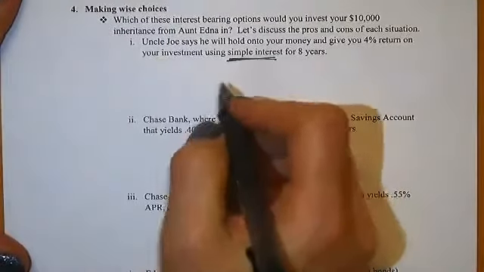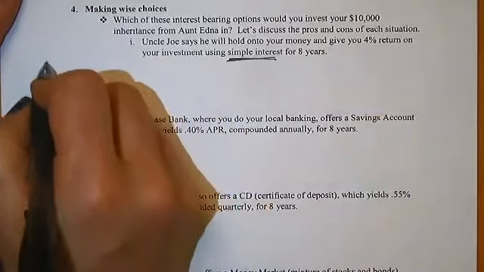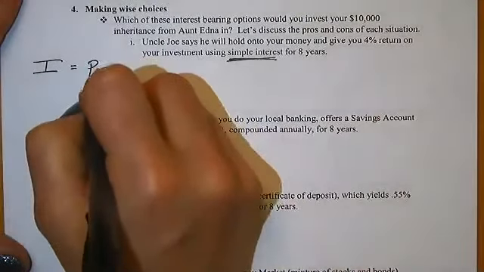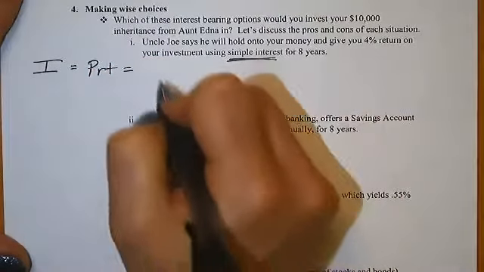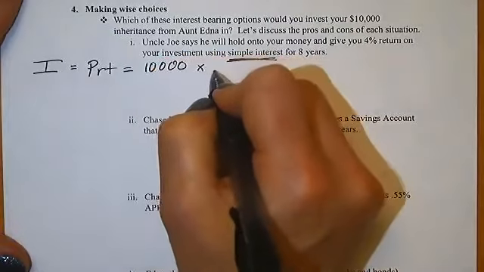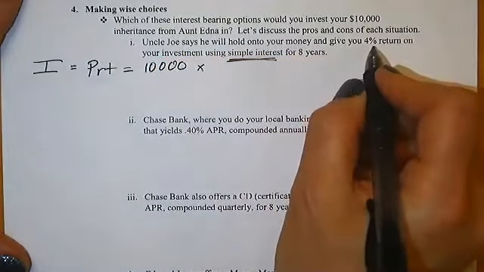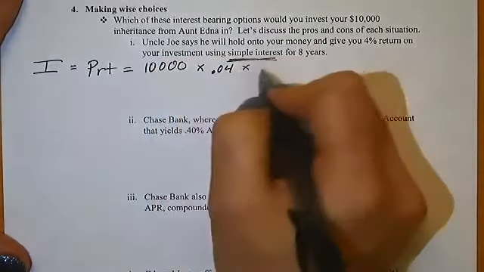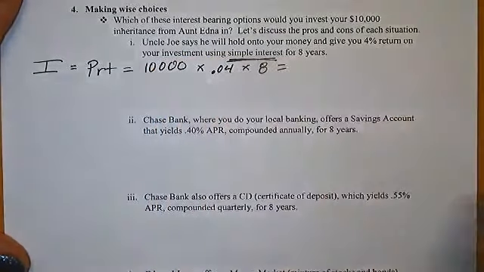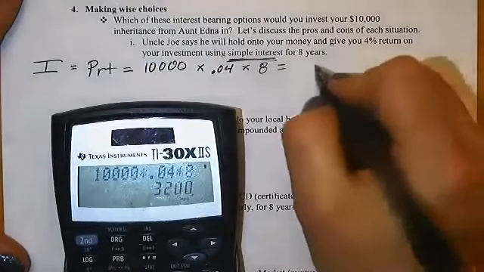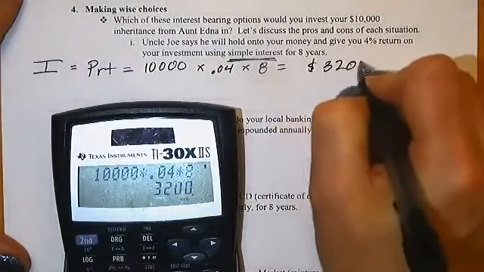So using simple interest, the amount of interest earned on that account is equal to PRT, the principal times the rate, which he's going to promise me 4%, for the next 8 years. So Uncle Joe is going to promise me $3,200 in interest.